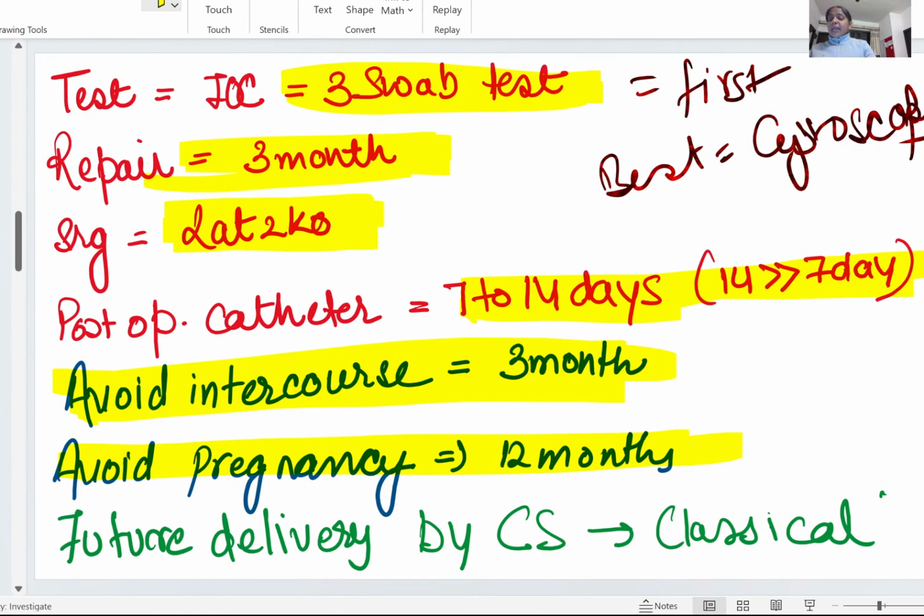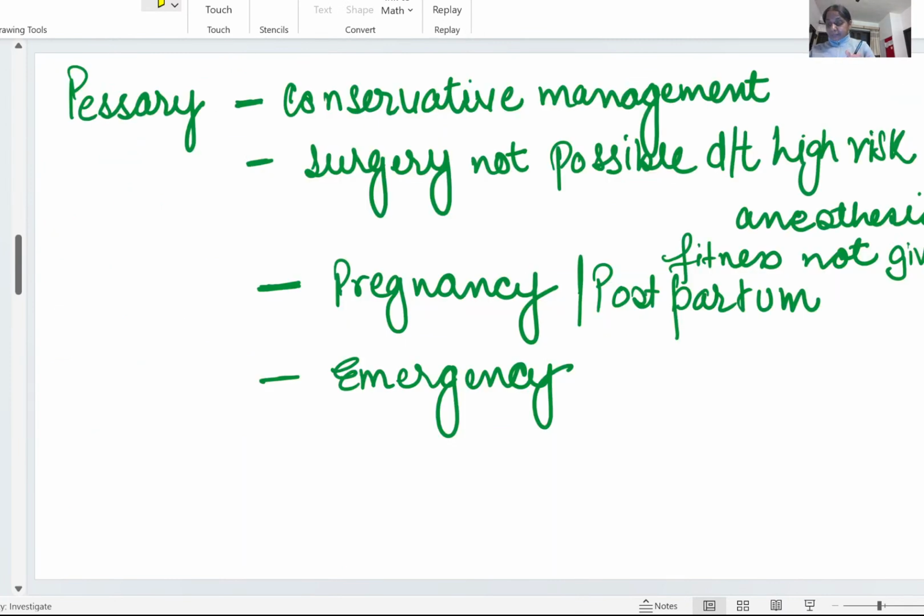A lady who has conceived after VVF repair, the delivery will be done only by cesarean section, and that also classical cesarean.